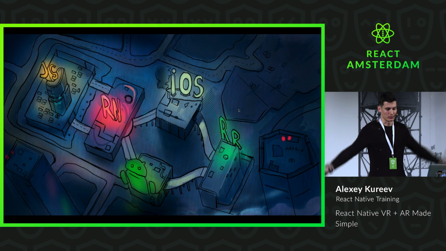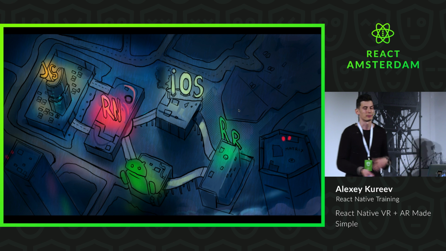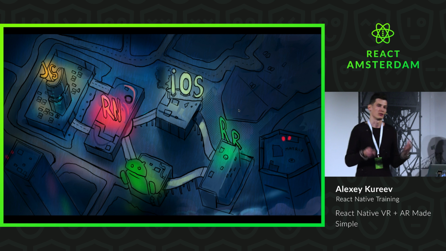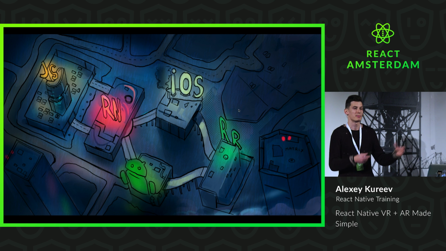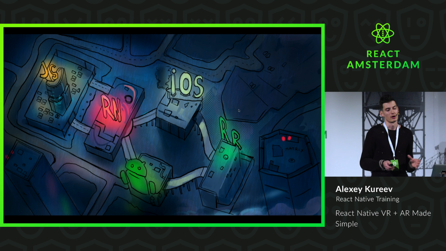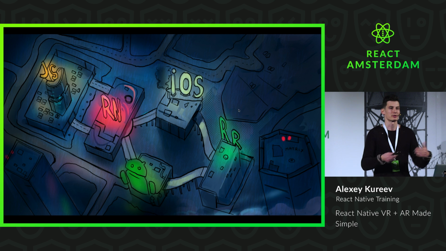So let's recap what we were talking about in the first part. We have JavaScript. It operates on these three primitives, these three APIs. All these APIs are backed by something on the React Native platform. And then it goes to the underlying iOS or Android implementation.